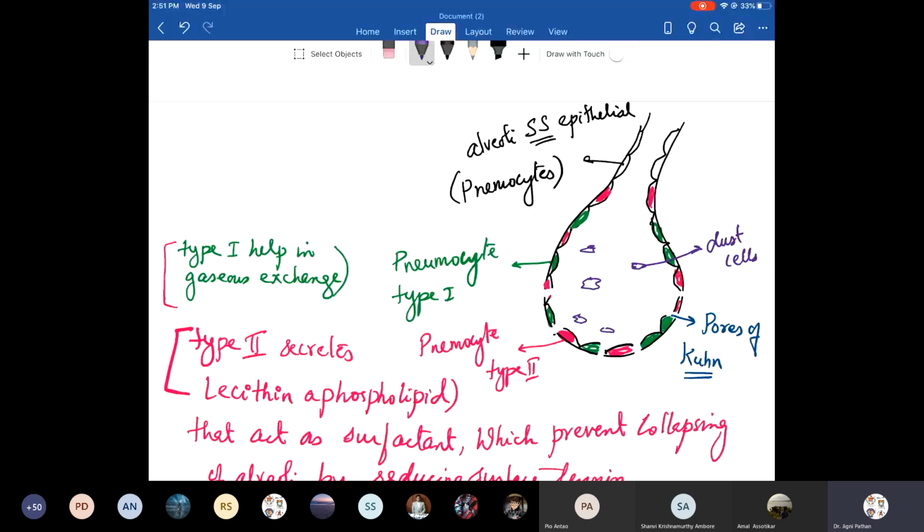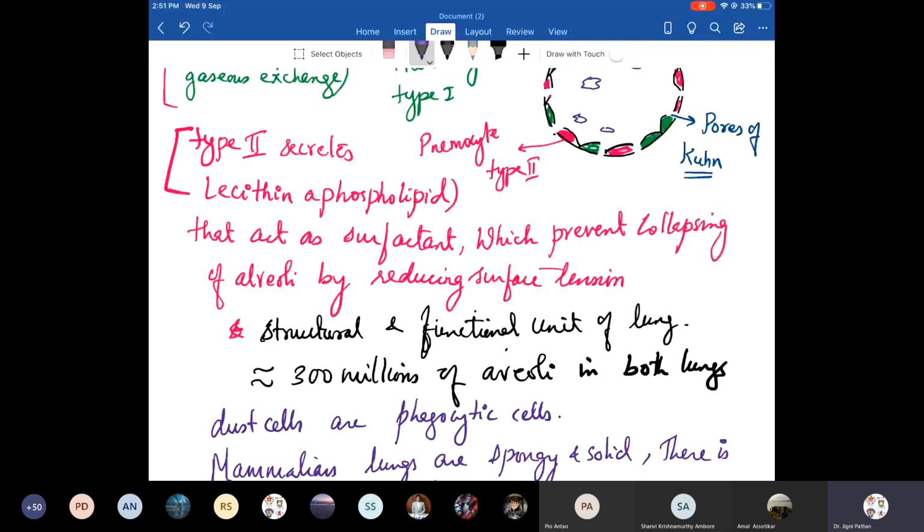Type 1 helps in the exchange of gases, whereas type 2 produces surfactant secretion that lines the alveoli and helps keep them from collapsing. Then there are special cells in the alveoli, the phagocytic cells, called dust cells. Next, pores. On the wall of alveoli there are pores, called pores of Kuhn.